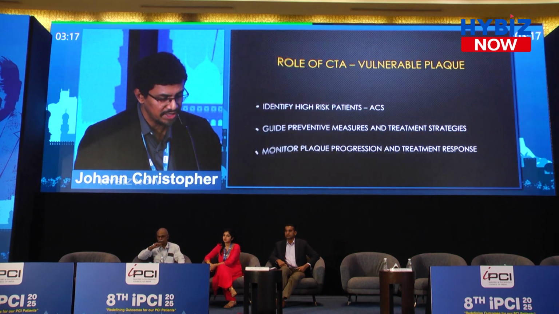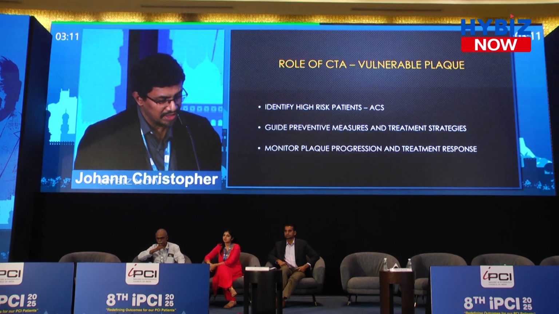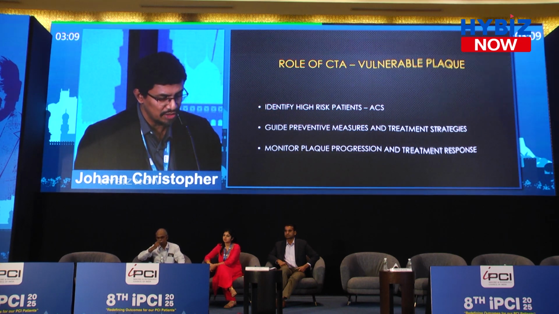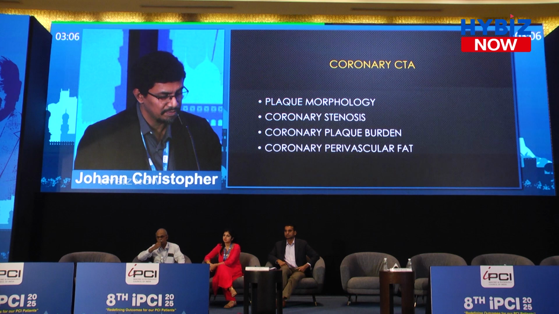So CT has its own problems: radiation, lumen contrast, and obviously expertise. And what we do in CT is we identify the high-risk patient, guide the preventive measures, and we can actually monitor the plaque progression in some patients who have a high degree of plaque, but they don't have a significant stenosis. So let's talk about morphology.